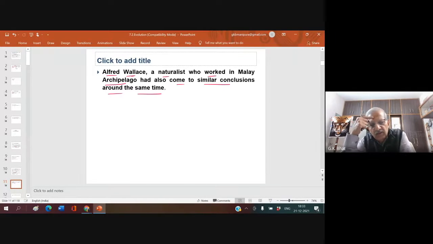Someone suggested that there is a boy always running behind the beetle. Darwin was an ardent beetle collector. Have you heard about beetle? Have you seen the beetle? He was a beetle collector. He used to always go in search of different beetles, carpet beetle, red small one, or velvet beetle, like that.